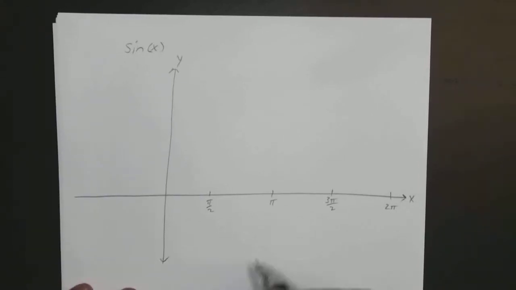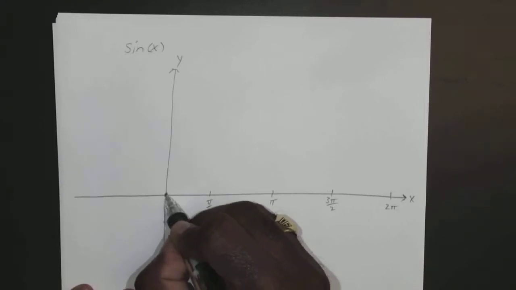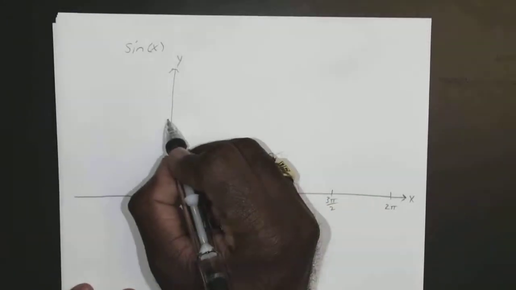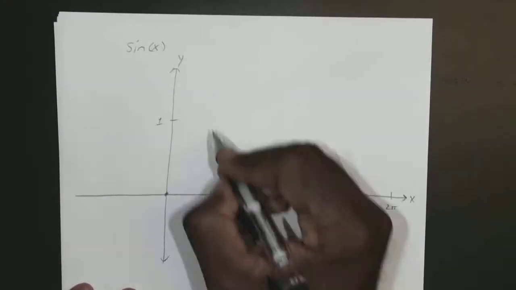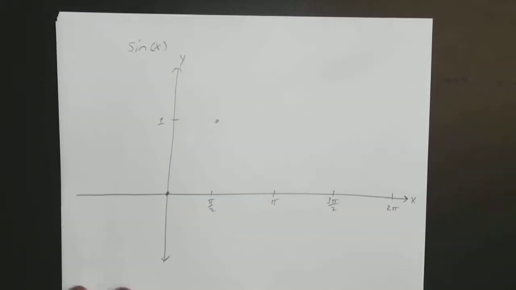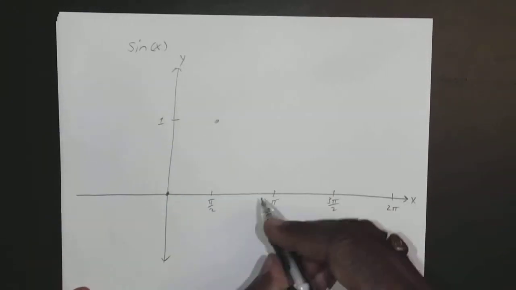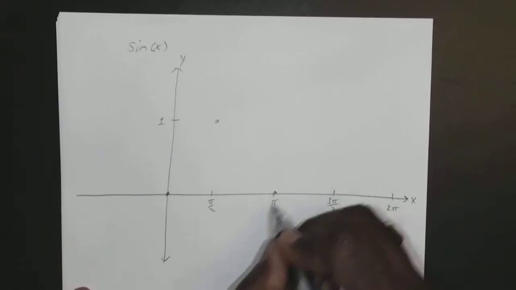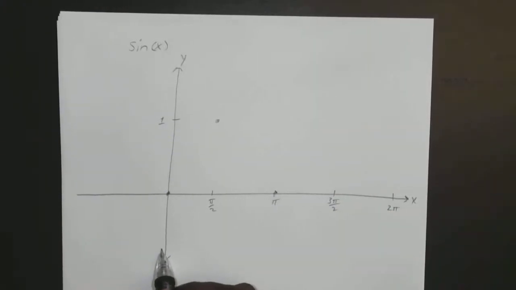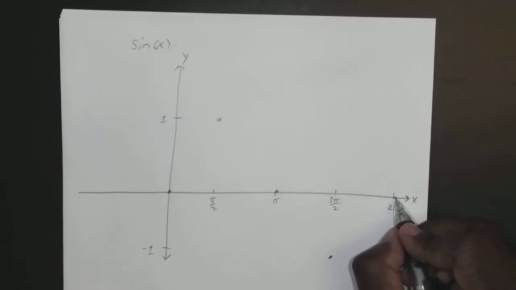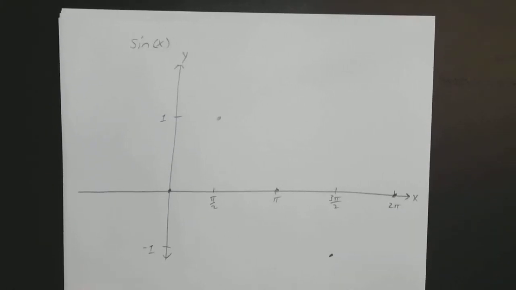Okay, so you start at 0, you go up to 1 when you get to pi over 2. When you go to pi, you go back down to 0. Then you go to -1 for 3 pi over 2. And then you go back up to 0 for 2 pi.